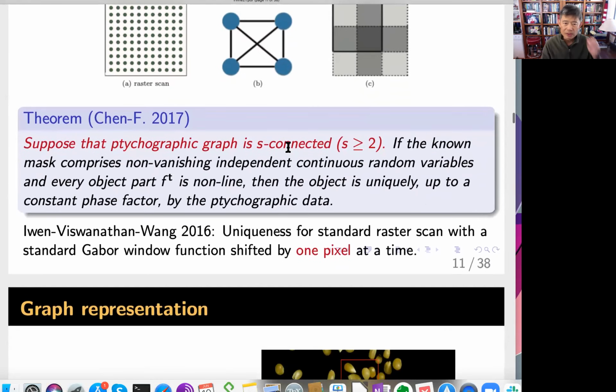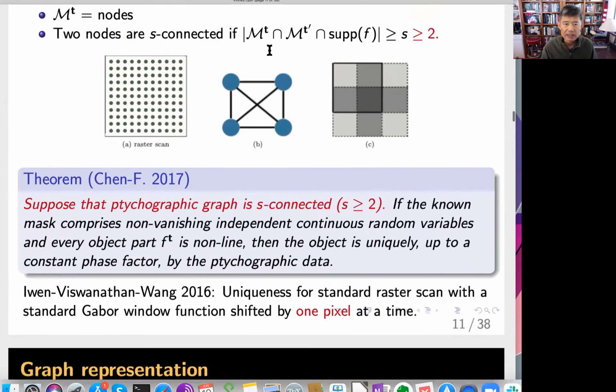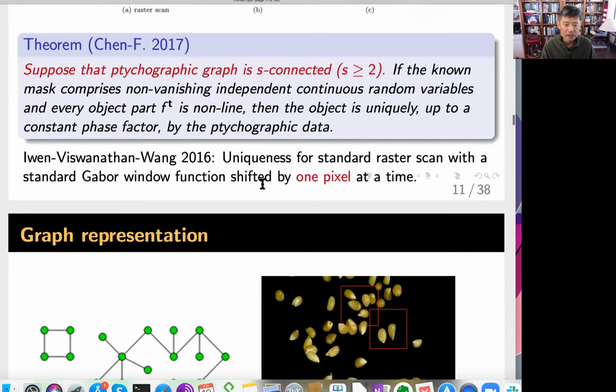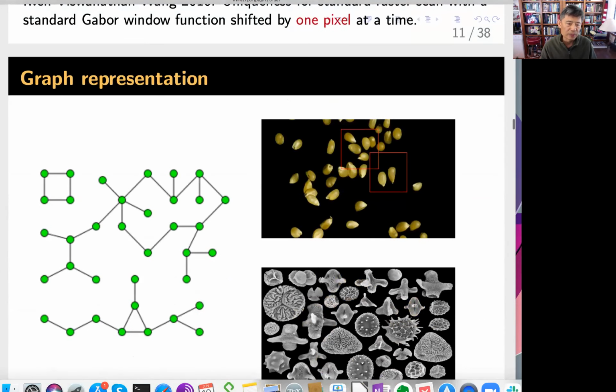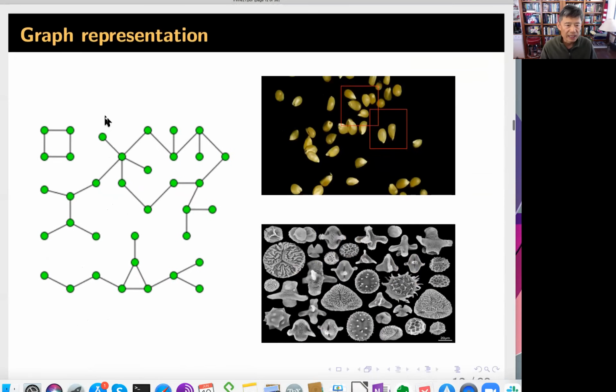So here is the theorem that we can prove. If the ptychographic graph is S-connected, with S greater than 2, in this sense. So for example, you can draw a graph representing the measurement scheme, and clearly this is not connected, because there are three separate components.